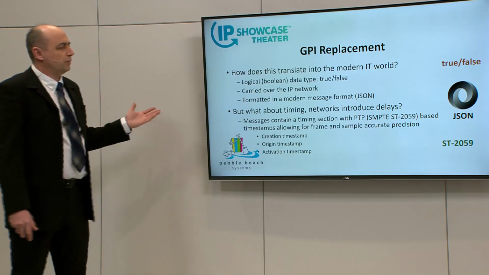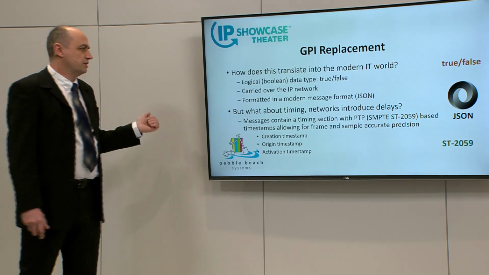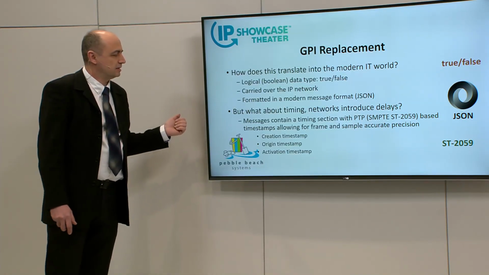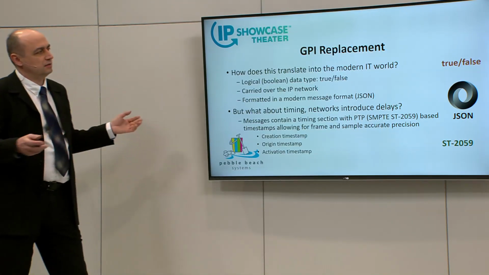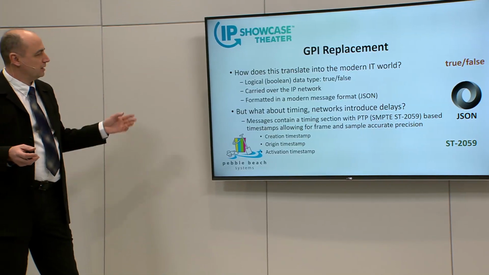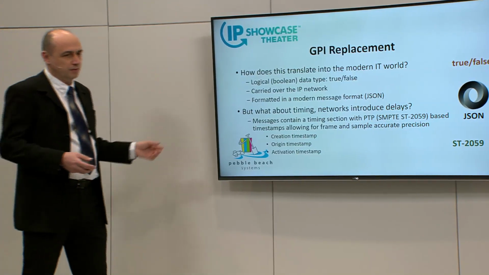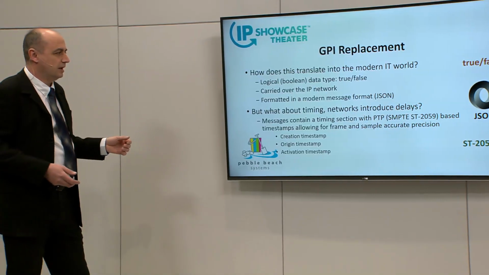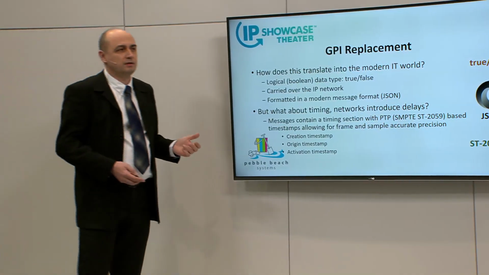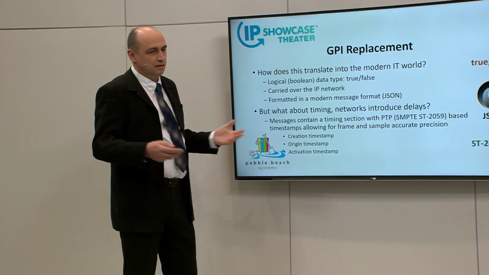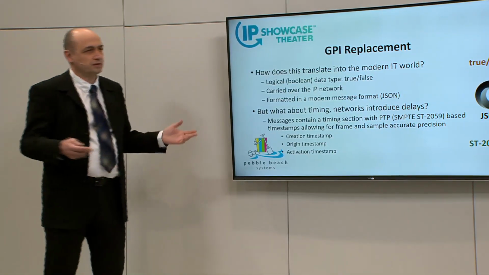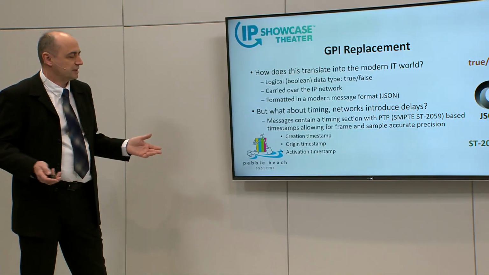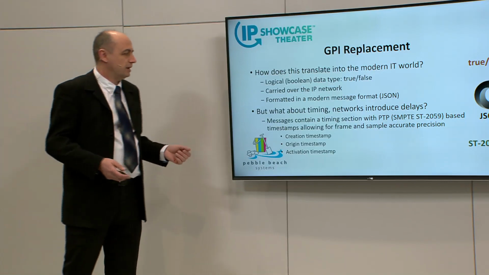Now, one of the first questions that people ask is, when you had a cable, a wire, when the voltage would appear on one end, it would almost immediately appear on the other end. But with networks, we know that there are delays in transport, and those delays are sometimes variable. So what about that?